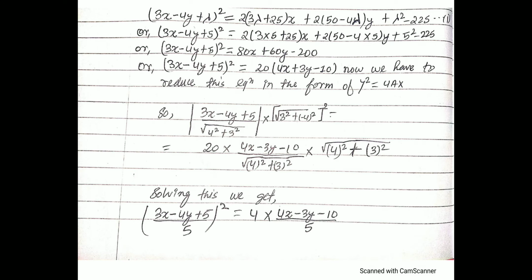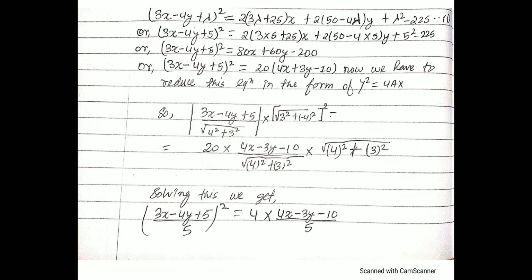So we can write (3x minus 4y plus 5) divided by root under (4 square plus 3 square), multiplied by root under (3 square plus 4 square), whole square, is equal to 20 into (4x minus 3y minus 10) divided by root under (4 square plus 3 square), times root under (4 square plus 3 square).